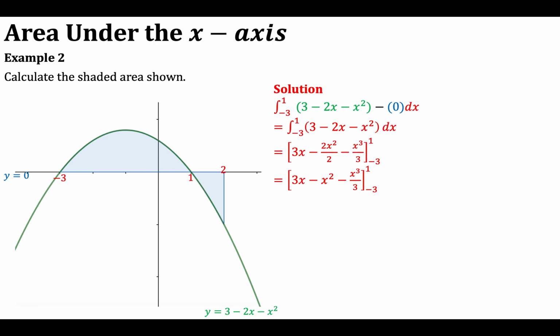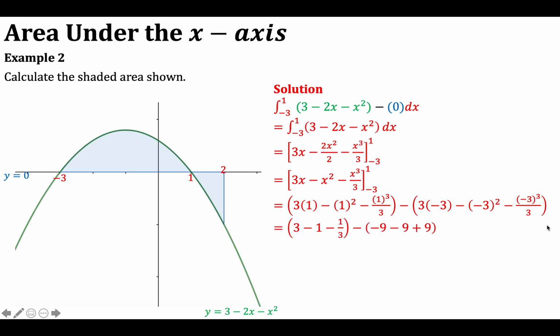So substituting 1 and our negative 3 in, here we will get 3 times 1 minus 1 squared minus 1 cubed over 3, minus 3 times negative 3 minus negative 3 all squared minus negative 3 all cubed all over 3. So we've got 3 minus 1 minus a third, minus negative 9 minus 9 plus 9.